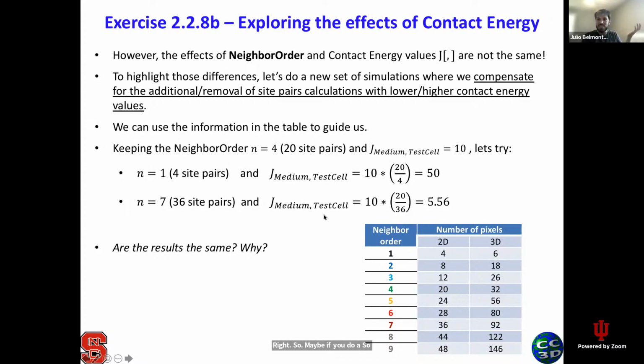Let's try to compensate this effect of summing over more or fewer lattice sites. If you have a neighbor order of 1, where you have at most 4 site pairs, compared to the 20 site pairs that you have with a neighboring order of 4, you can adjust the contact energy of the cell and the medium to scale proportionally, to be also 5 times higher.